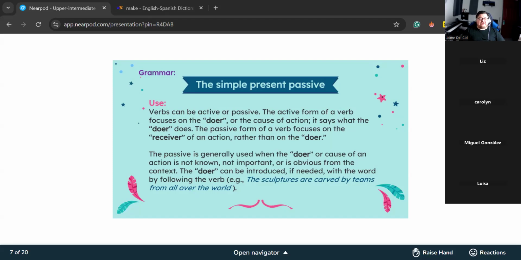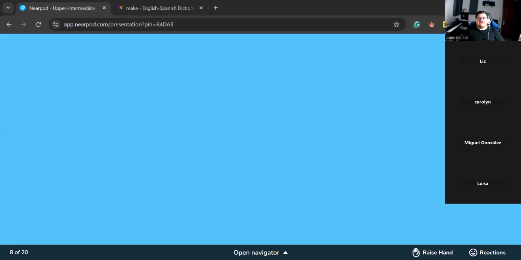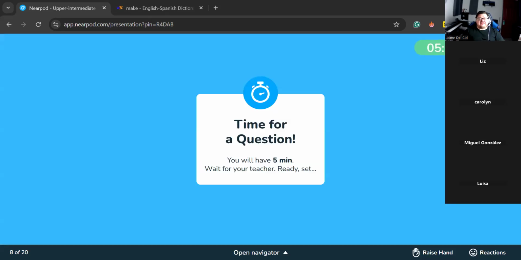So we're going to start our series of exercises with the very first one, which is transforming the sentences into present passive. Okay, so I'm going to give you 10 different sentences. These sentences are in active voice.